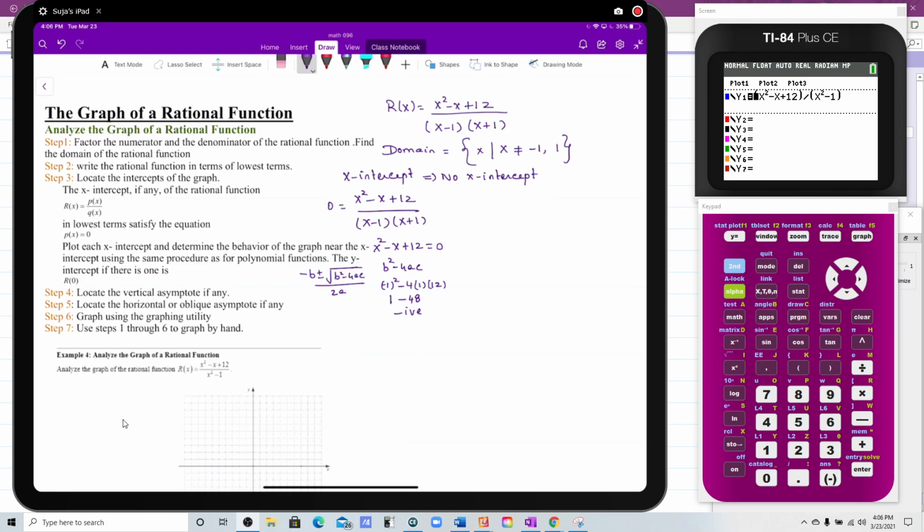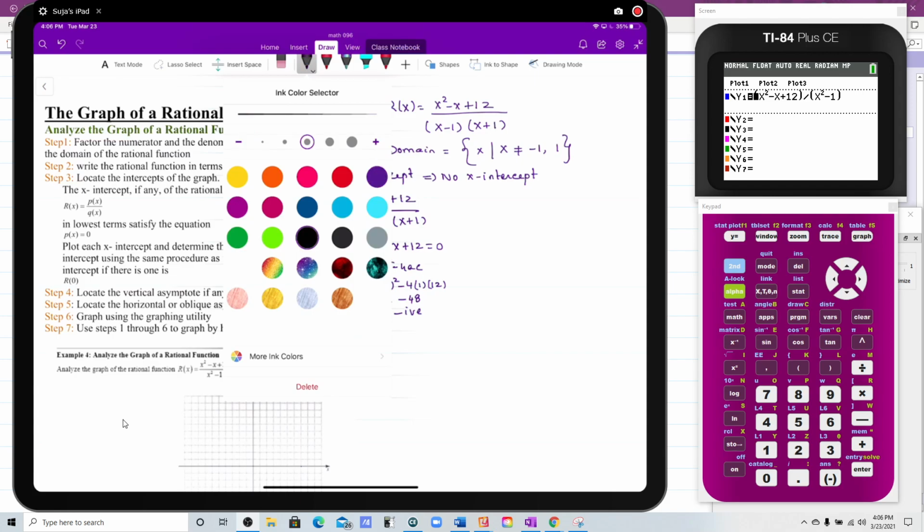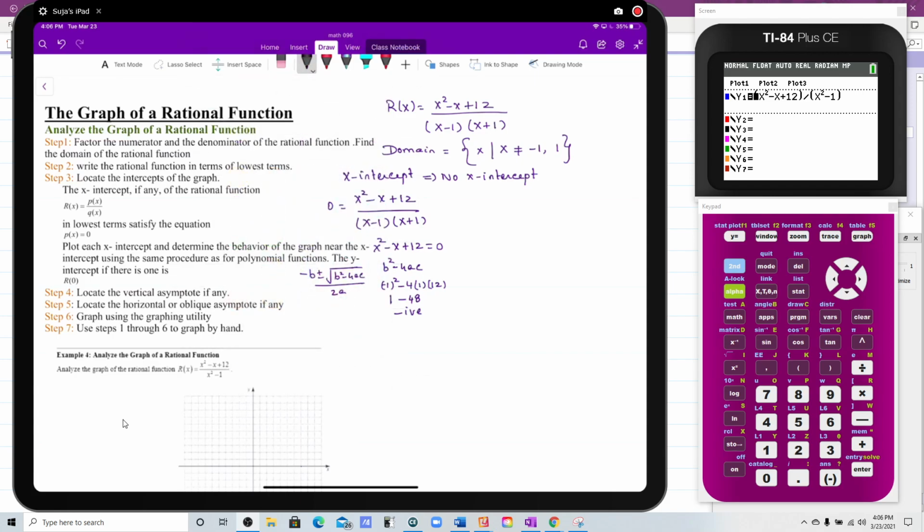Okay, so my next step is to find the y-intercept. To find the y-intercept, I need to plug in 0 for x. So 0 squared minus 0 plus 12 over 0 squared minus 1. So I would have 12 over -1, or -12.